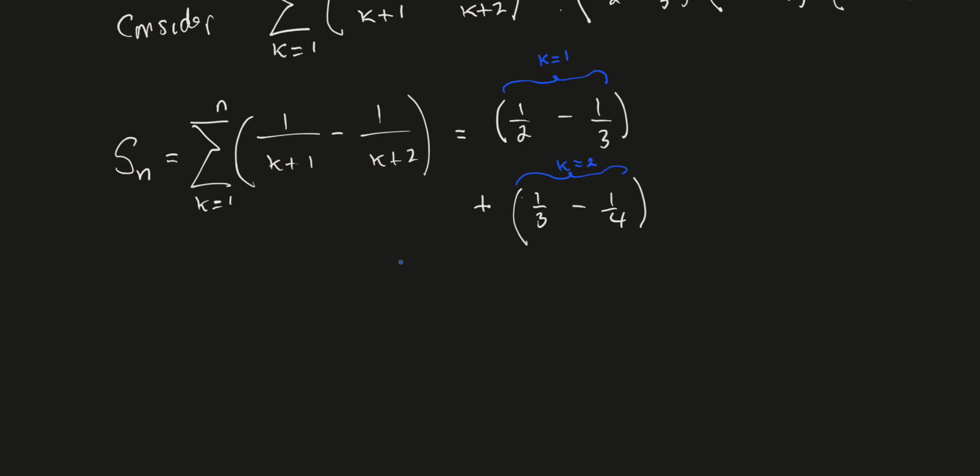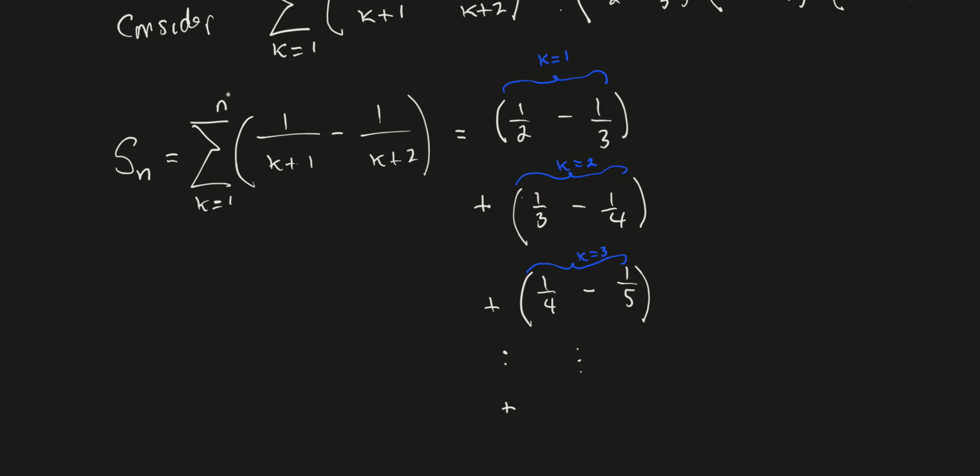And then plus the 1/4 minus 1/5. This is the term that corresponds to k equals 3. So I need to continue this process, but not indefinitely. I need to stop when k equals n. So I'm going to do my dot, dot, dot there.